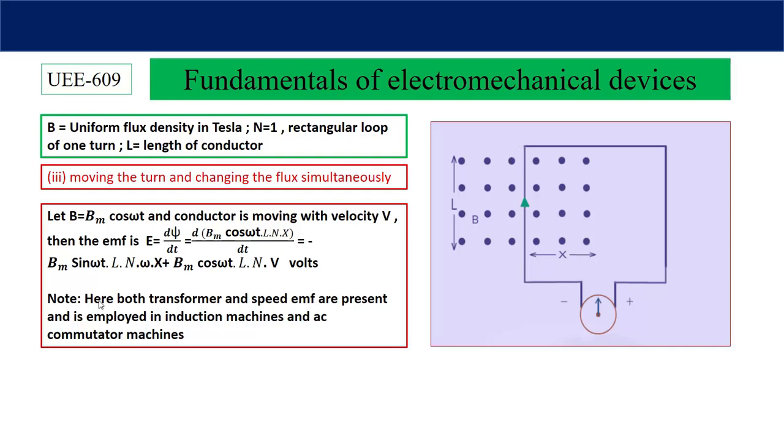So in case of an induction machine, both transformer and speed EMF are present. Transformer EMF is present when the rotor is just about to move, and when the rotor starts moving, then rotational EMF is found in the machine.